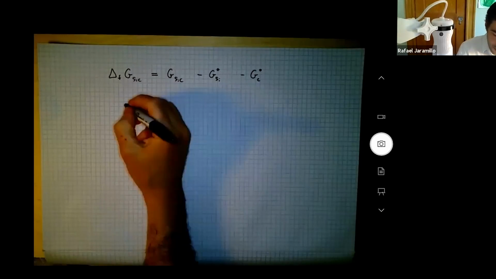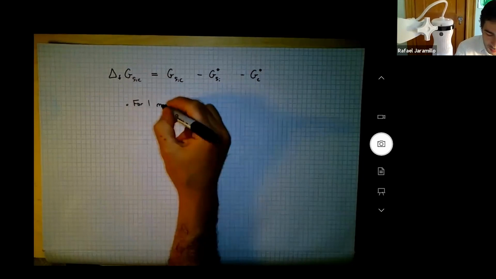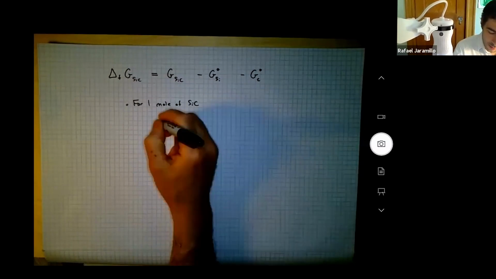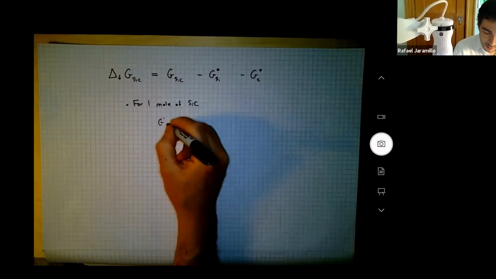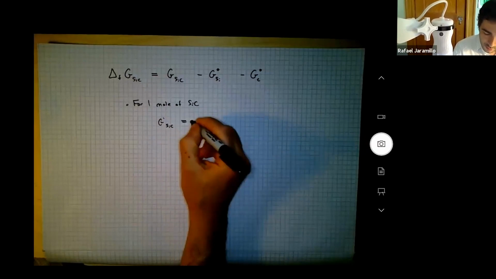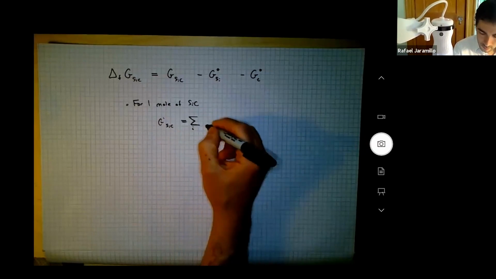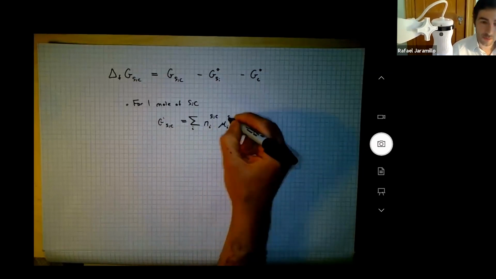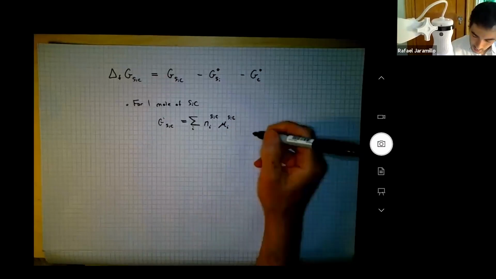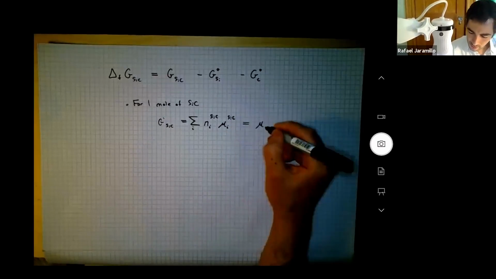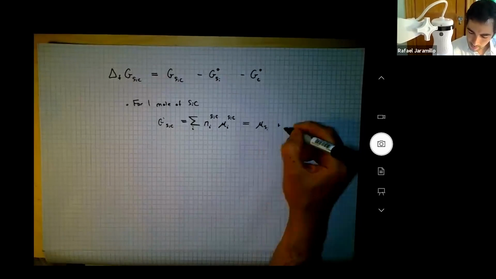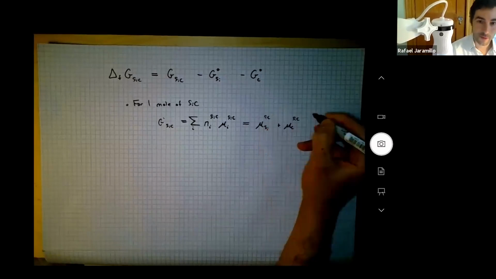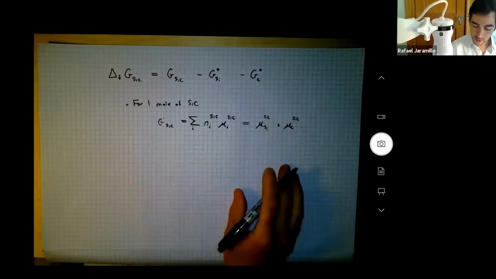Well, for 1 mole of silicon carbide, G of silicon carbide equals... this is just partial molar properties. So this we know. It's just the chemical potential of silicon plus the chemical potential of carbon in silicon carbide.